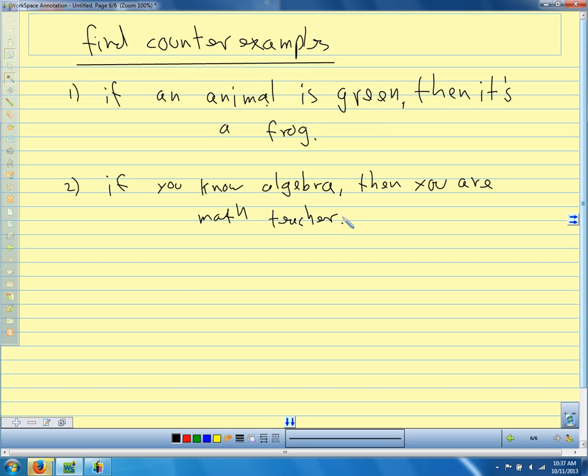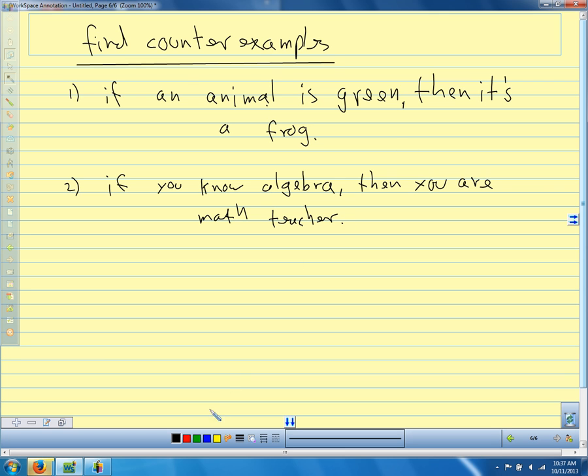So what's a counterexample to this conjecture? Everyone in this class, right? At least we hope so. We're supposed to know algebra. So you guys aren't math teachers. You might be able to be, but right now you're not. So the counterexample would be anyone in this class.